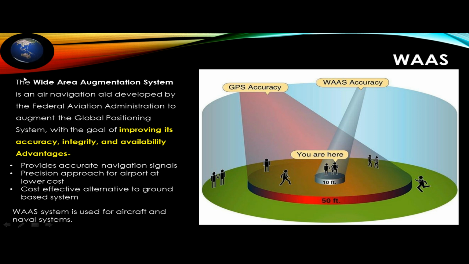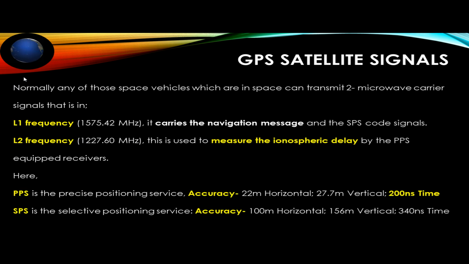And WAAS has 3 meter accuracy, and it gives more precise information for aviation or ship navigation. So it is a bit different for these people. As I told, the precise positioning services are available for these specific people, but for general people we have selective positioning services, selective information, not exact or precise information.